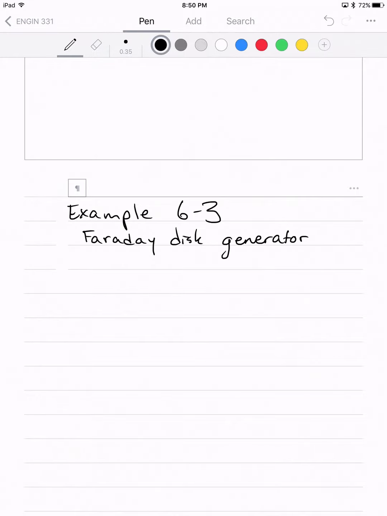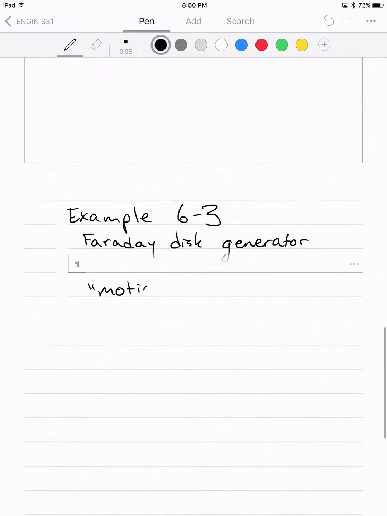In particular, this is going to be an example of a concept called motional EMF, which happens when you have a conductor moving through a static magnetic field. It might look like the flux is not changing.